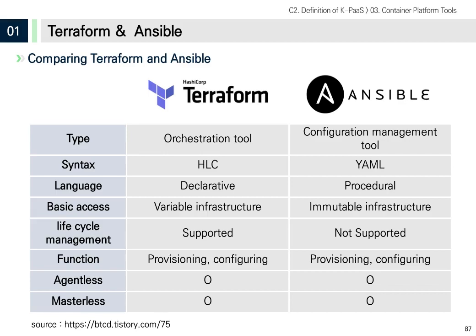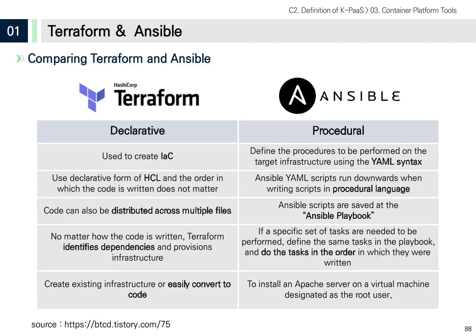It's primarily geared toward configuration management, keeping your applications and dependencies up to date. Next, Terraform and Ansible are declarative and procedural, respectively. Terraform is used to write coded infrastructure, while Ansible uses YAML syntax to define procedures to be performed on the target infrastructure.